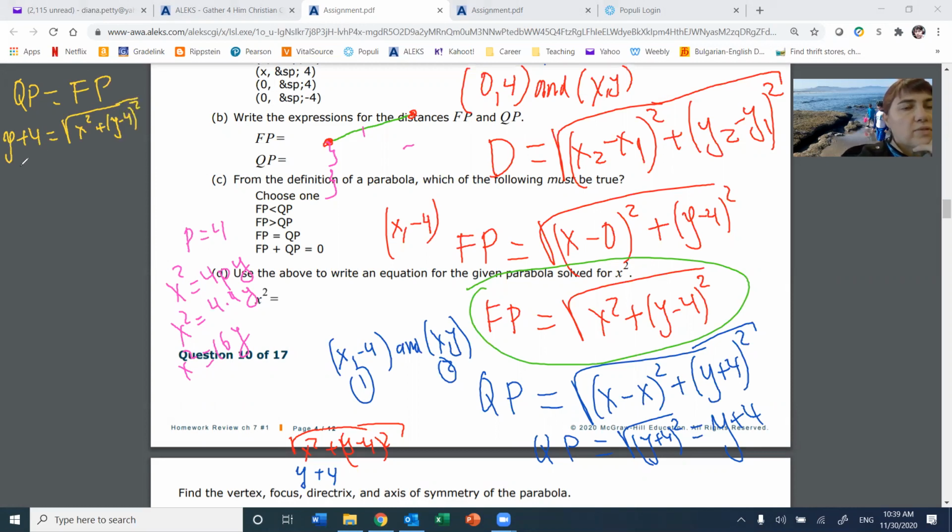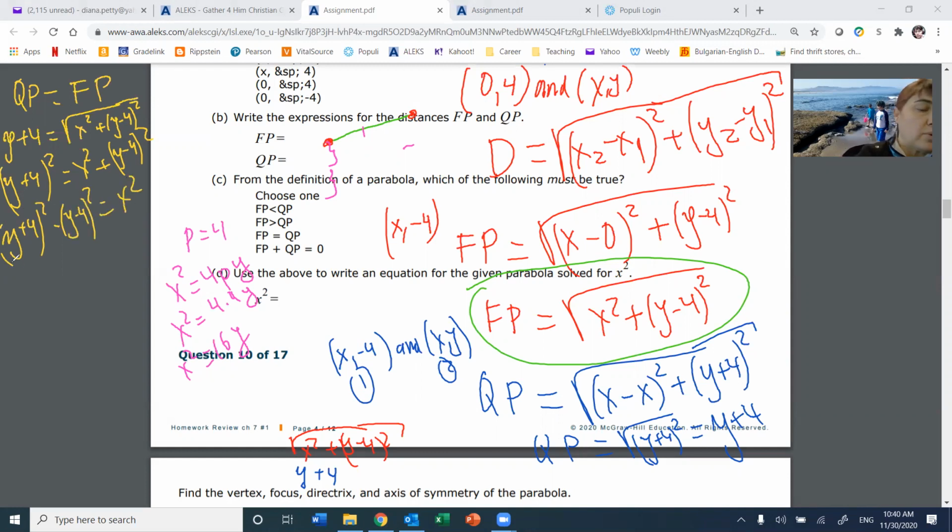So if you square both sides, you're going to get (y plus 4) squared equals x squared plus (y minus 4) squared. Because you want to solve it for x squared, you need to move them to the other side, and you need to distribute the y plus 4 and y minus 4. So it's going to be (y plus 4) squared minus (y minus 4) squared equals x squared.